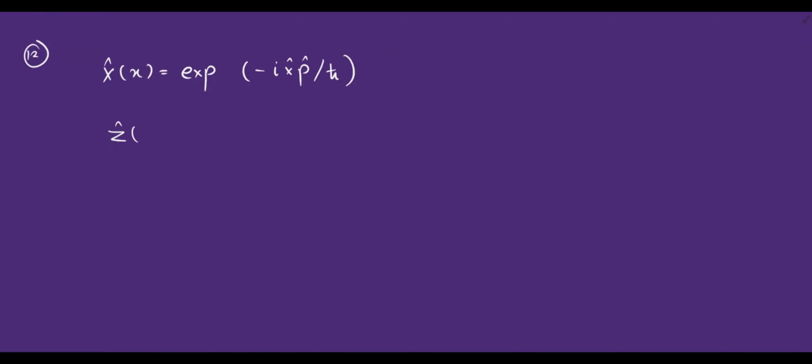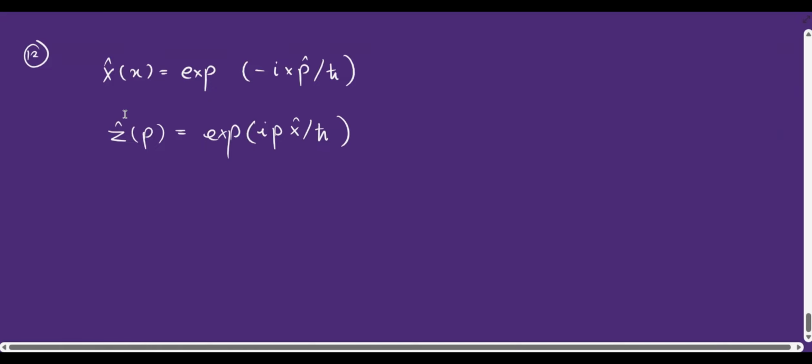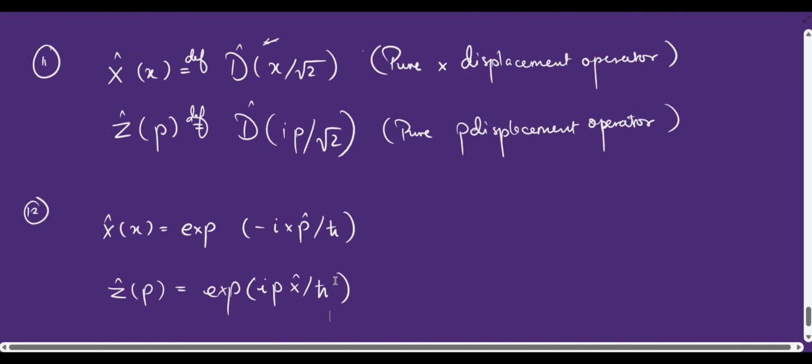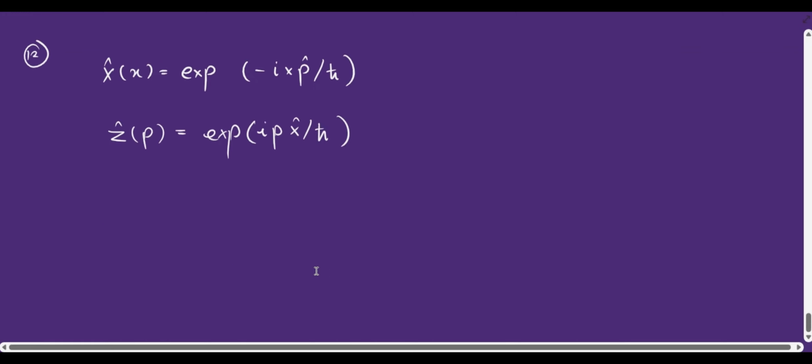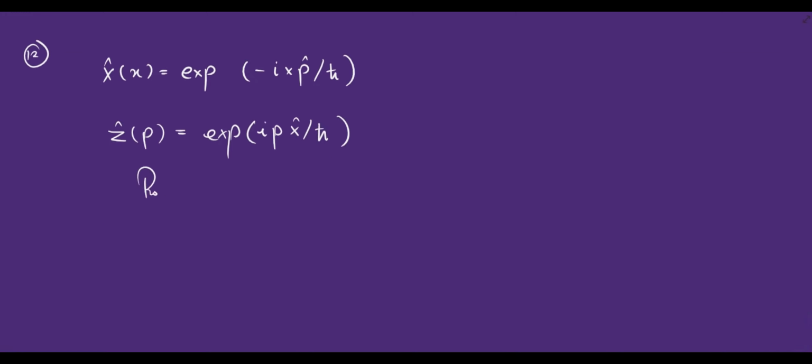And z of p is equal to exponential, or sorry, this is not x cap, this is just x scalar, i p by h bar. This is how I define x and p, so I can just write them in this form. Okay, I'll prove it. So this is the proof.